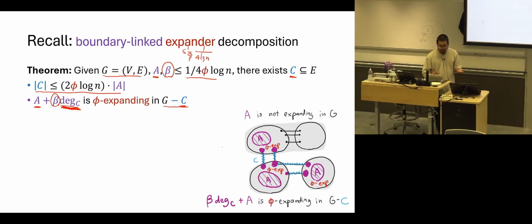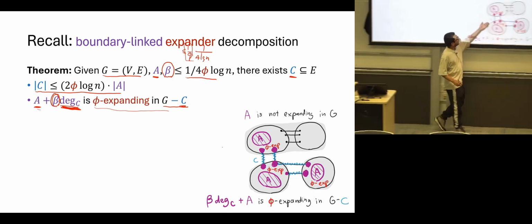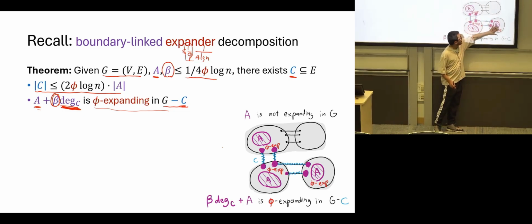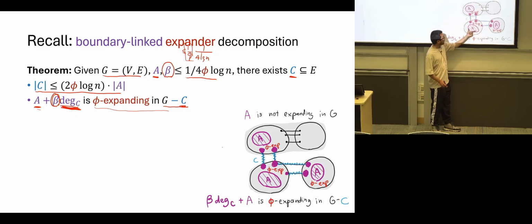So you think of beta as something big, but not too big compared to 1 over phi. Even when you scale up by beta, which can be much more than 1, this is going to be phi expanding. So in the picture, when you remove the cut C and then you look at each component here, the node weighting A, together with the boundary when the boundary is scaled up by a factor of beta, is expanding in the component.